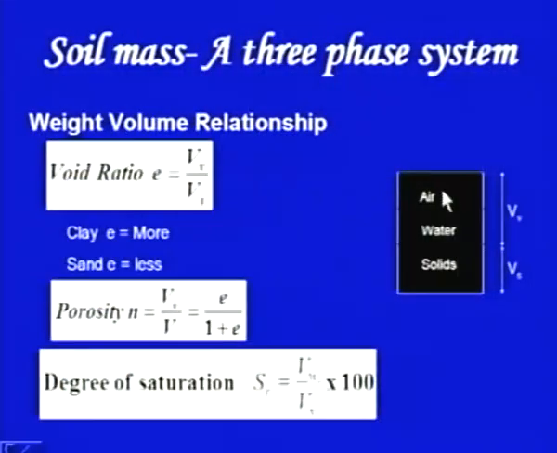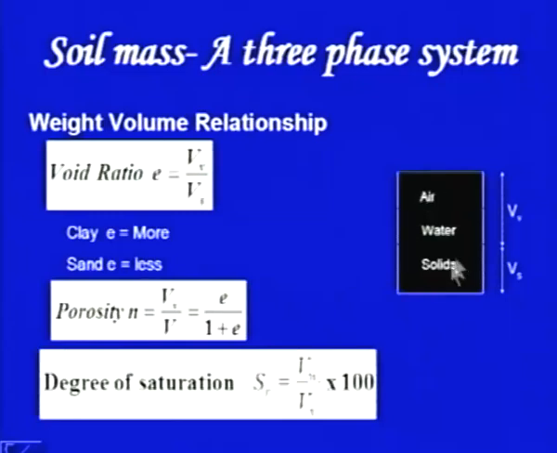Now, the next thing which I told you was that you should know about the weight volume relationship of the soil. A soil mass can be treated as a three-phase system which will have air, water, as well as solids. All these three are there. It is not that the air is at the top and then the water and then the solids.